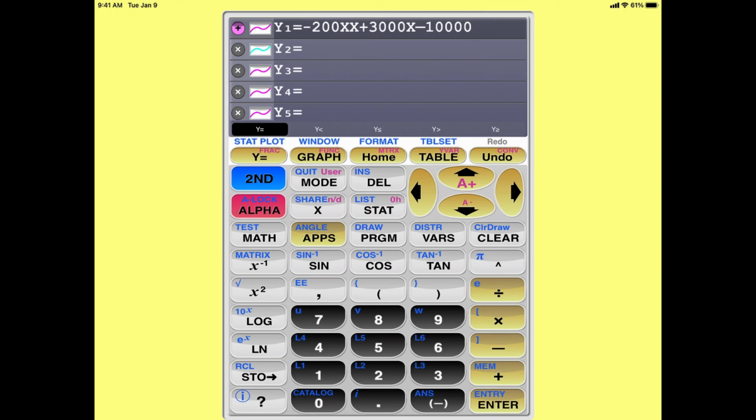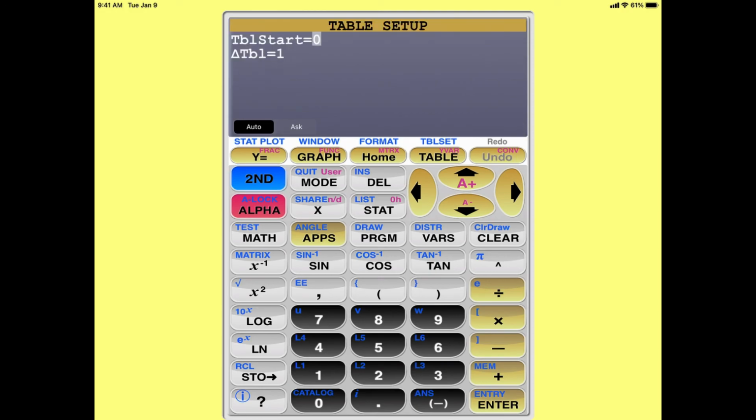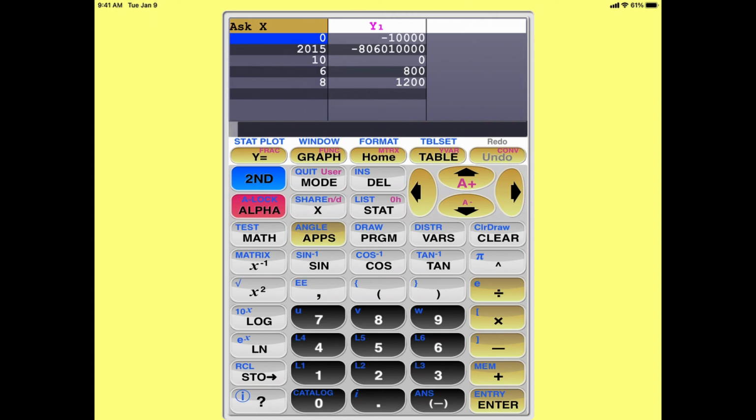I'm going to go to second. Let's check our table set. So second table. My graph says it's starting at 0 and it's going up by 1. And let's change it to ask. So now I'll just press table. And then I'm going to type in the numbers that we had. We had 0. It gives me negative 10,000 as my answer.